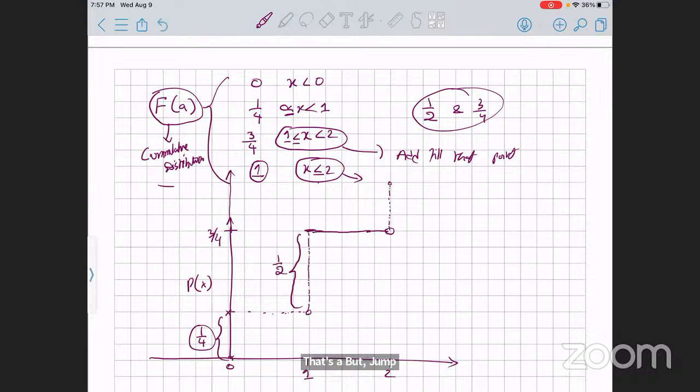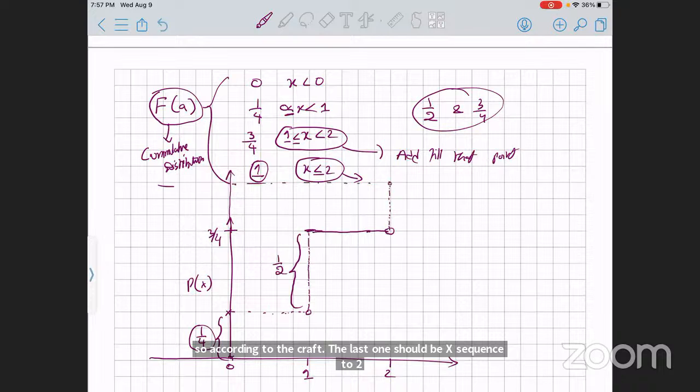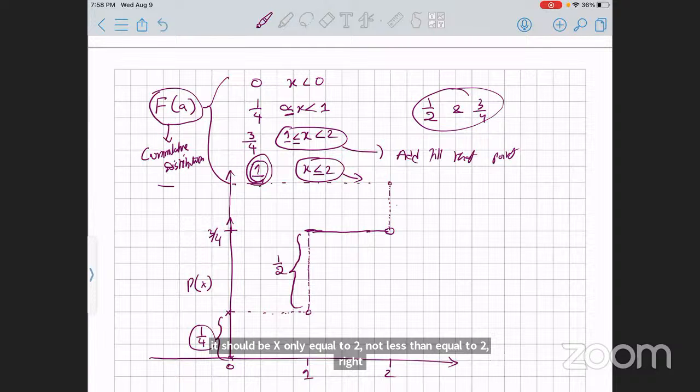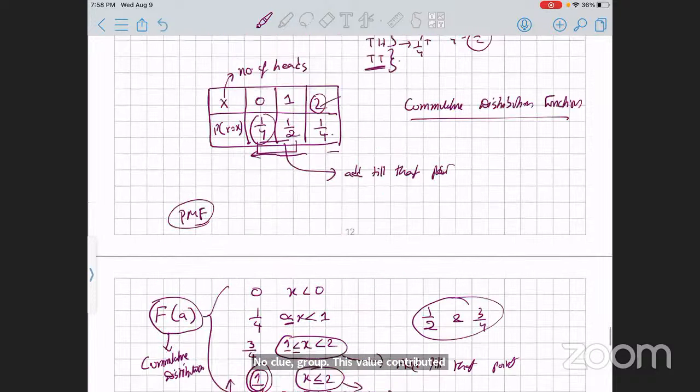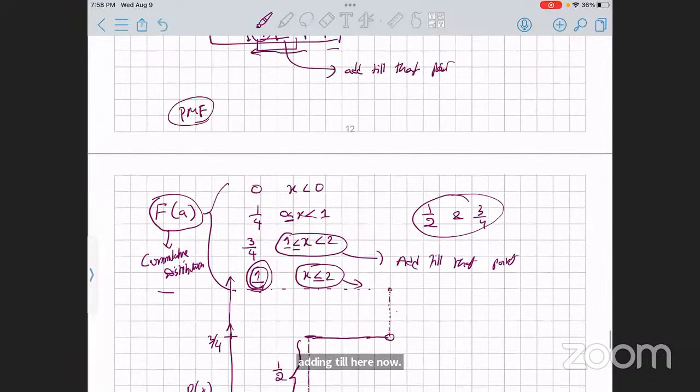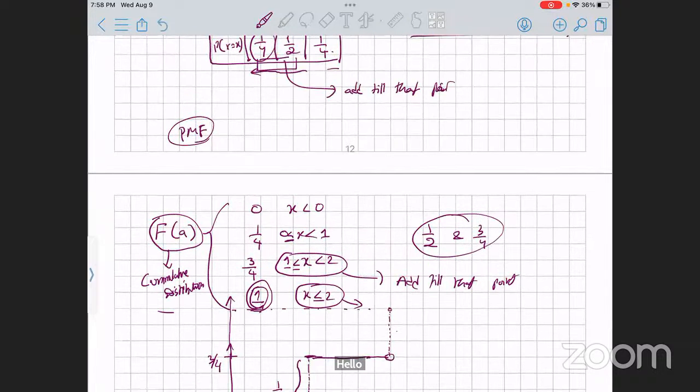But suddenly at X equal to 2, it jumped to 1. So, sir, according to the graph, the last one should be X equals 2, because the probability becomes 1. It should be X only equal to 2, not less than or equal to 2, right? Look, you are adding till here now. Just wait, I'll confirm.